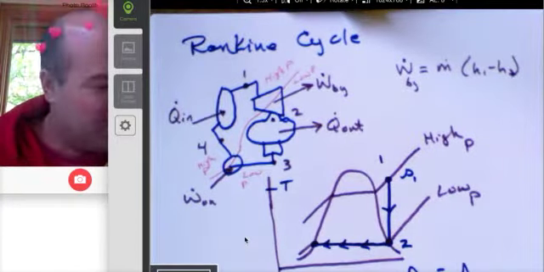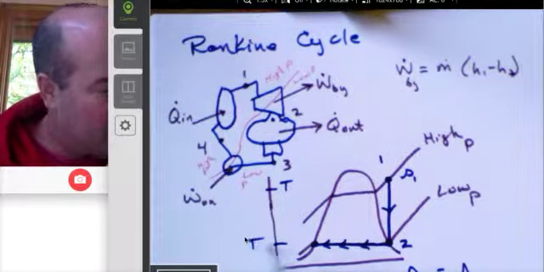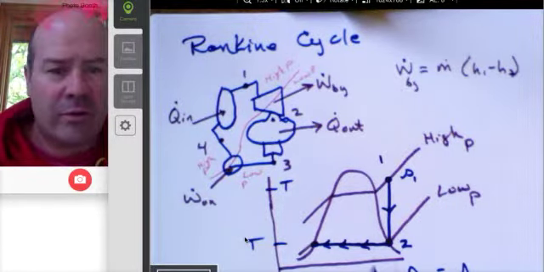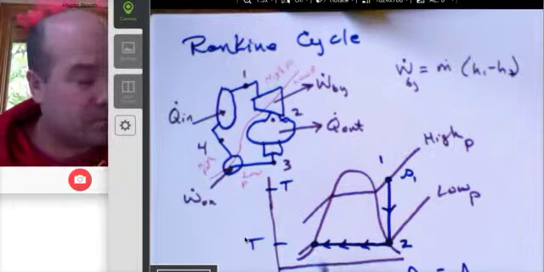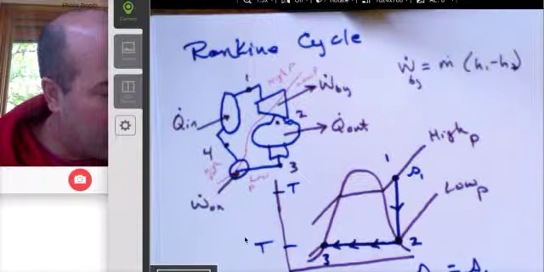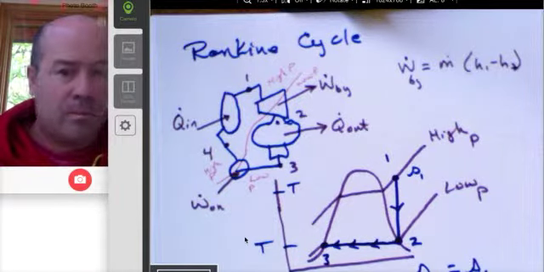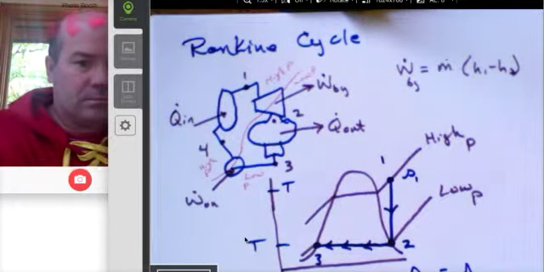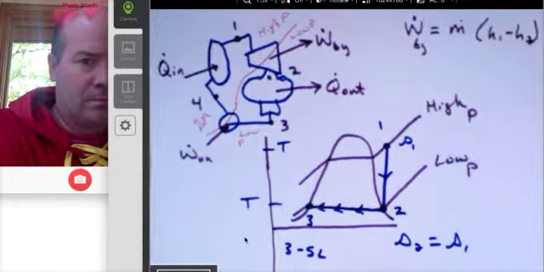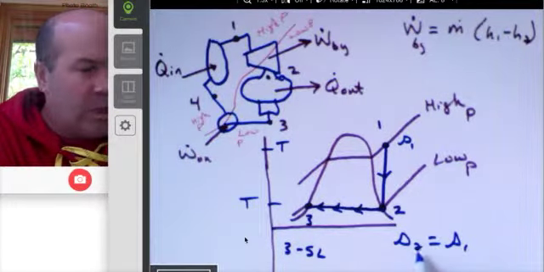It's staying the same, can't you tell? There we go. Temperature is staying the same. Pressure is staying the same. Quality is going from high to 0. So point 3 is going to be a saturated liquid. So S2 equals S1.